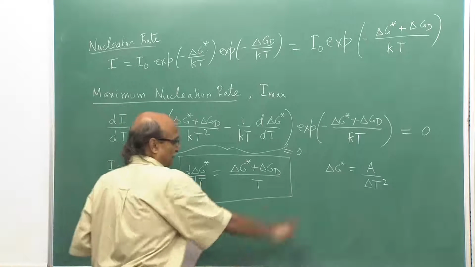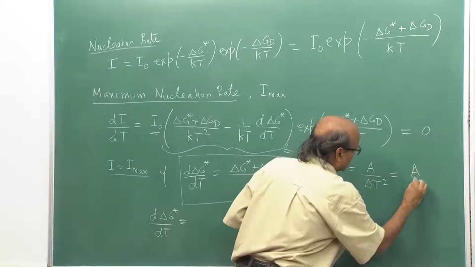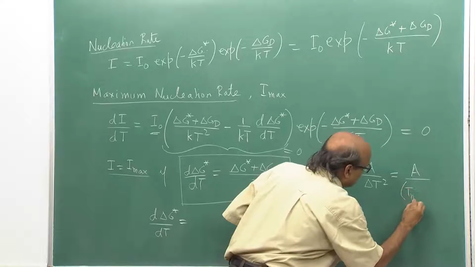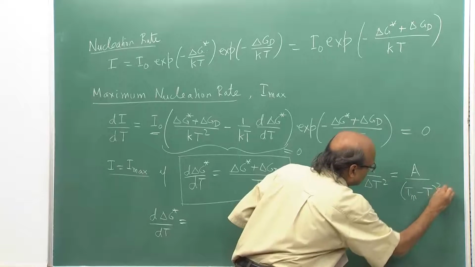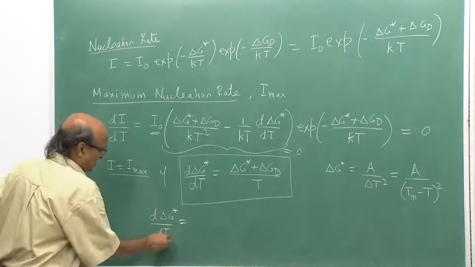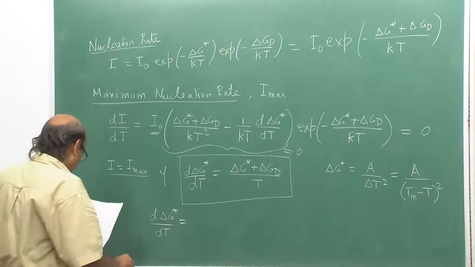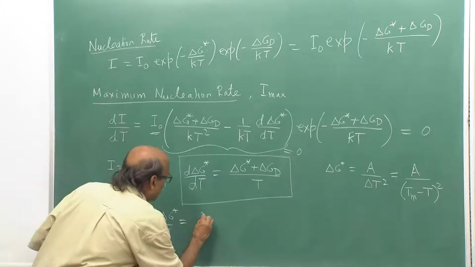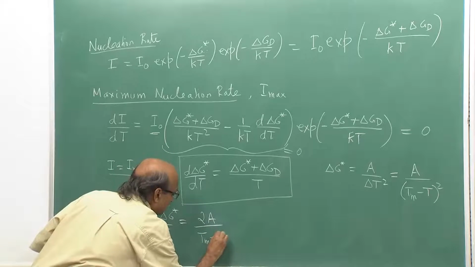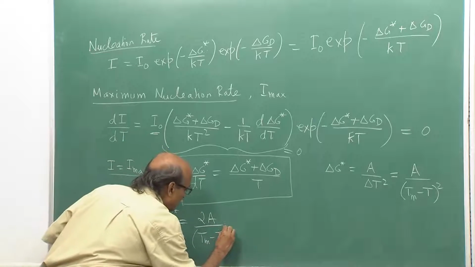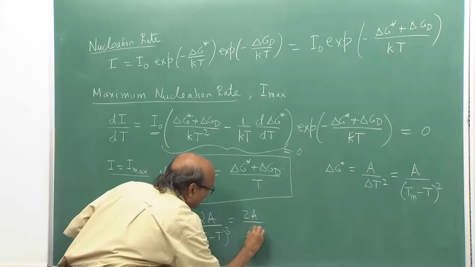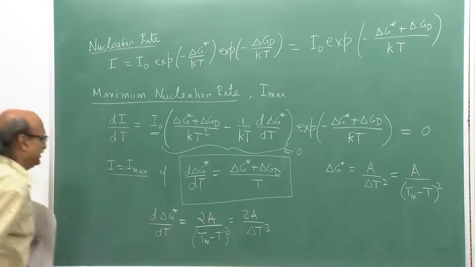I can write this first in terms of Tm minus T for delta T and then differentiate. So, d delta G star upon dT would be equal to 2A upon (Tm minus T) cube, or simply 2A upon delta T cube.